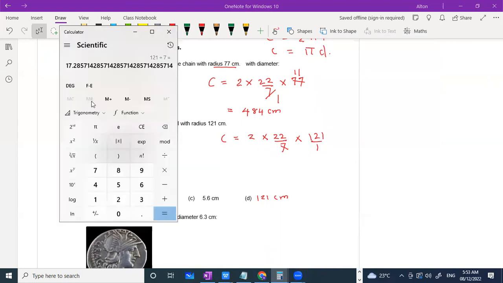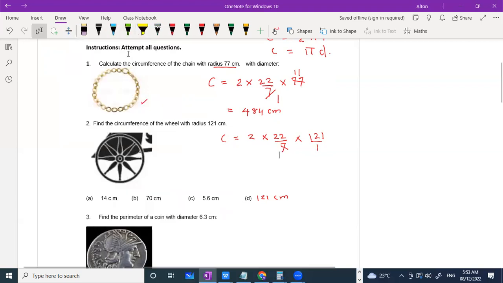That's all right. Let's multiply that by 22, and then we're going to multiply that answer by 2. So you should get, let's round it to one decimal place, 760.6. So that first one will give us 760.6.